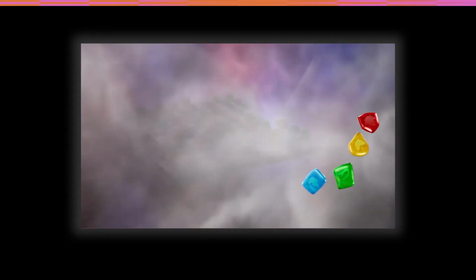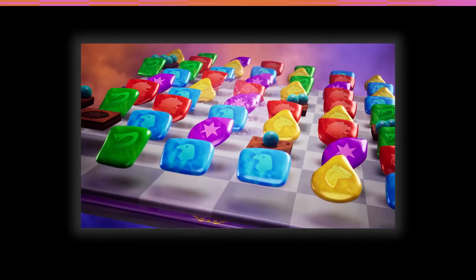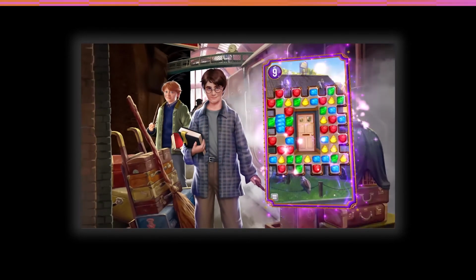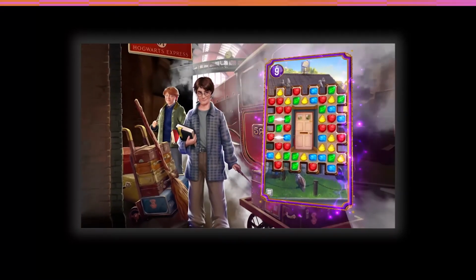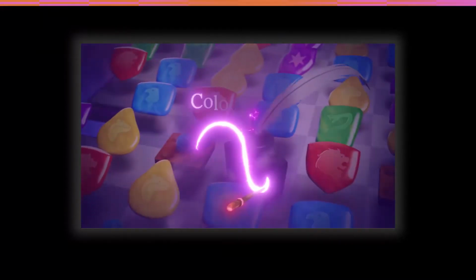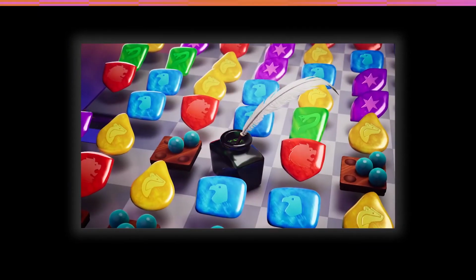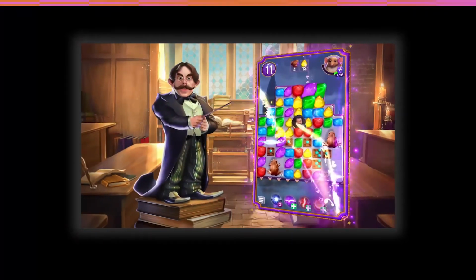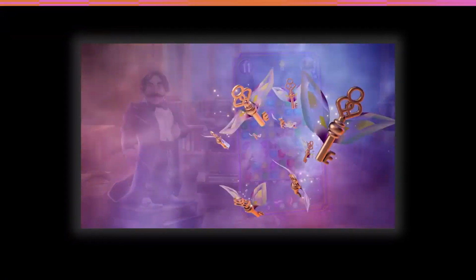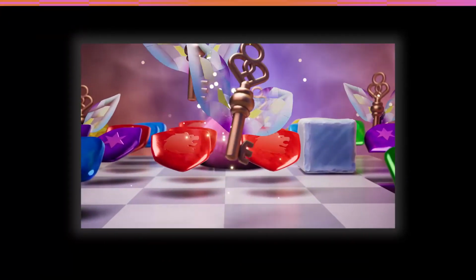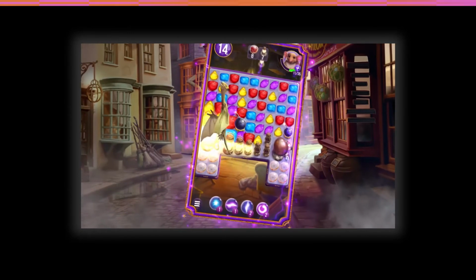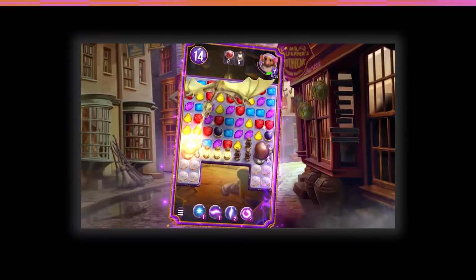Embark on a most magical matching adventure, celebrating the world of Harry Potter. Use fantastical abilities and solve rewarding puzzles. Level up your skills by unlocking and upgrading spells. Collect charming and mischievous creatures who will aid you in overcoming curious challenges.